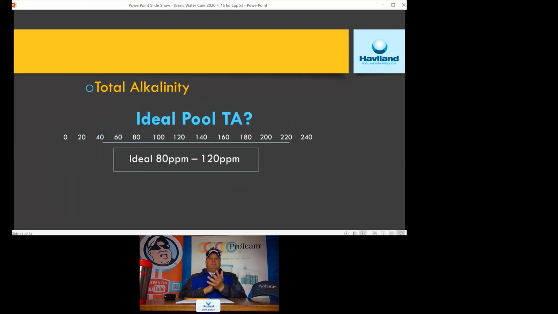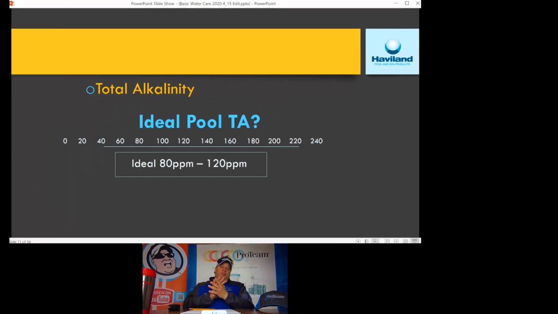80 to 120. Now, I'm going to tell you something that I probably shouldn't tell everyone, but in the olden days, back when I started, there actually used to be two sets of numbers for total alkalinity. One for vinyl liners, another for gunite or concrete pools.